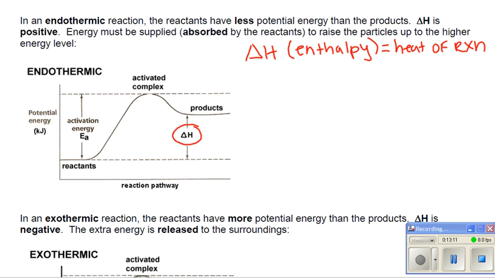And you get delta H, meaning heat gained or heat released, when you subtract the energy of the products minus reactants. Okay, so if you look at this diagram, everything's labeled for you. You've got your activation energy that's labeled. You've got the activated complex, which is like your in-between state, your reactants, your products, etc.